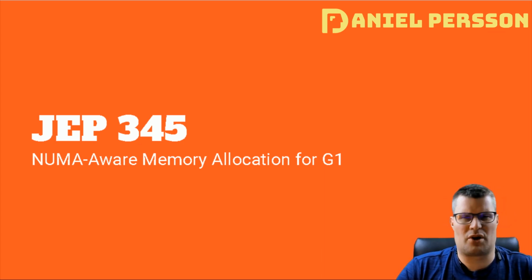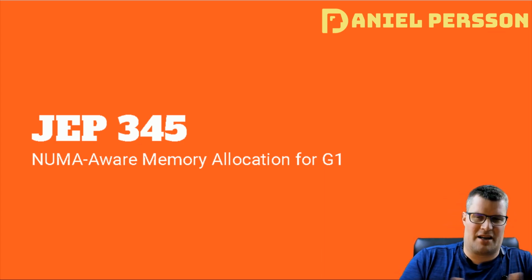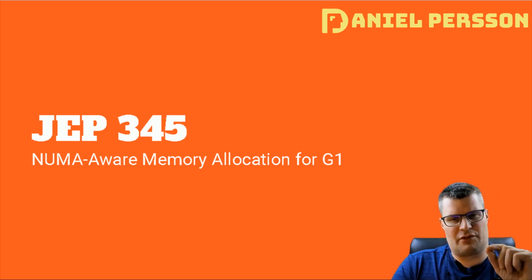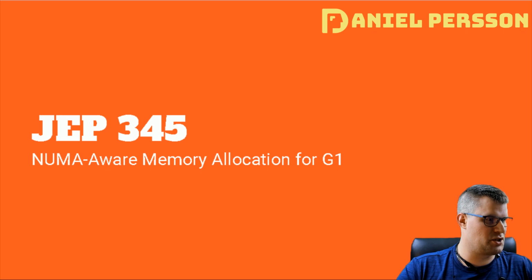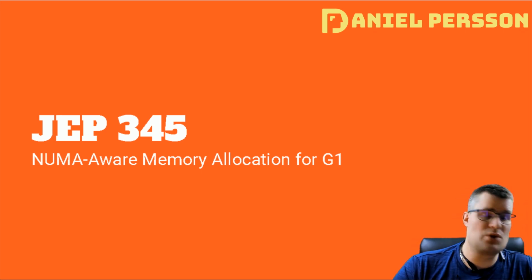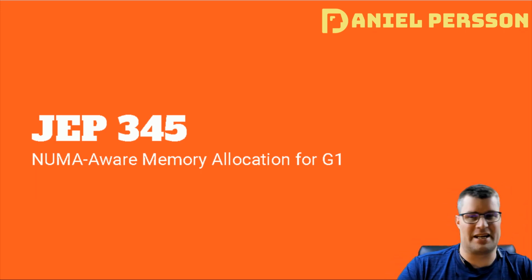So this is for more large scale implementations, and it's only for G1 and it's only on Linux. It needs some support in the system in order to use this feature, so it's only for Linux so far.